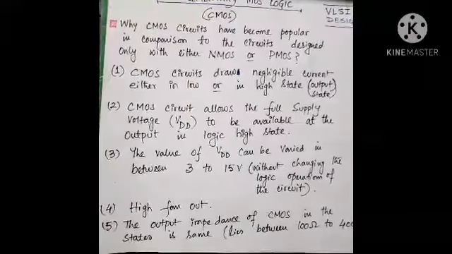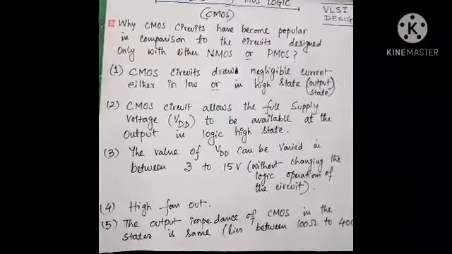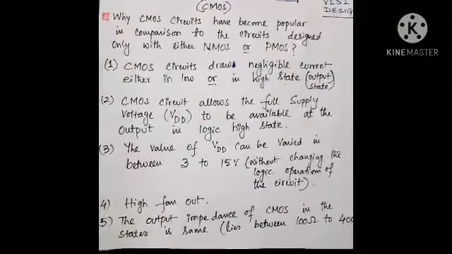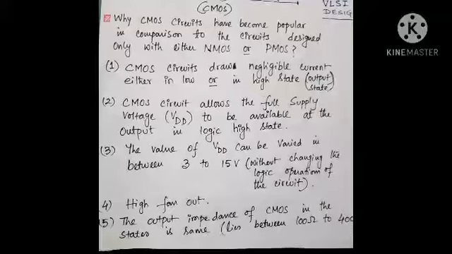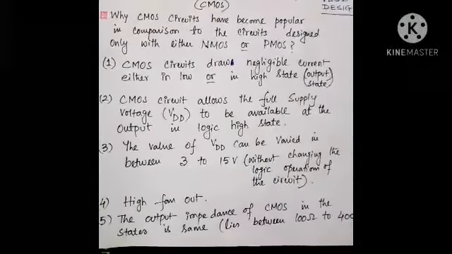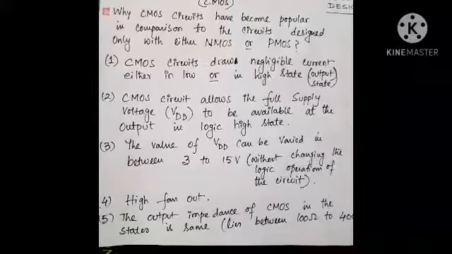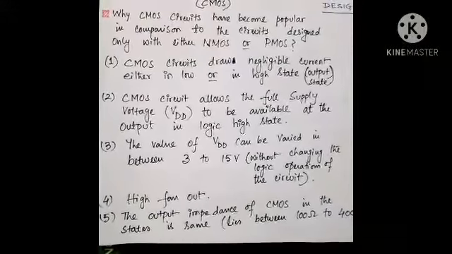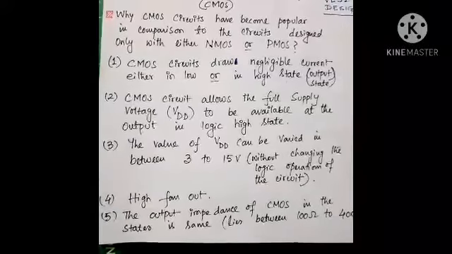Because in other cases, whenever we want to change the bias voltage VDD, the circuit operations change drastically. But in this case, we need not change those. That is one of the very important advantages of using CMOS circuits.